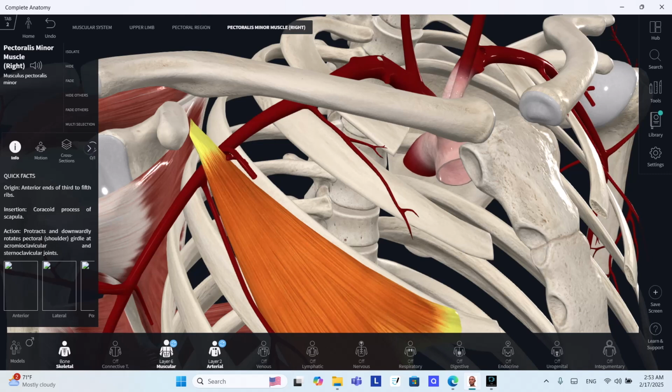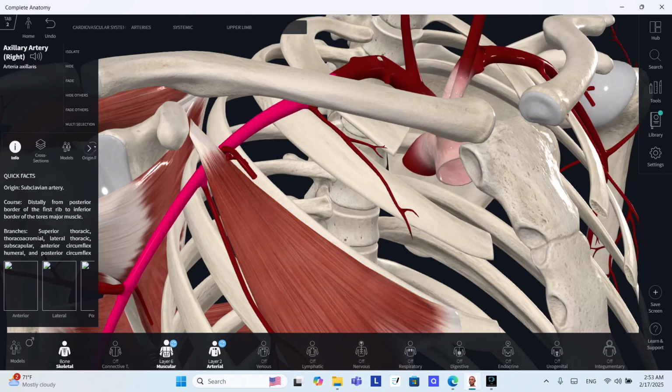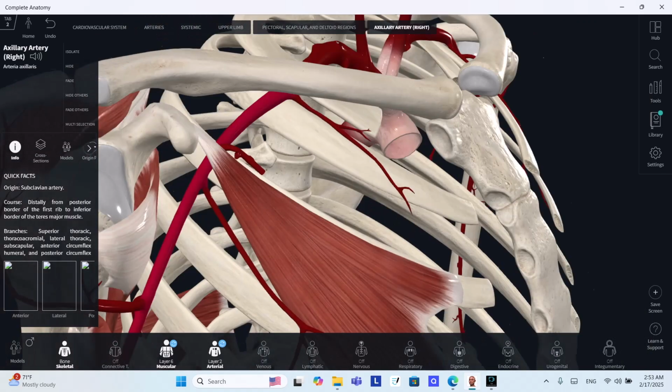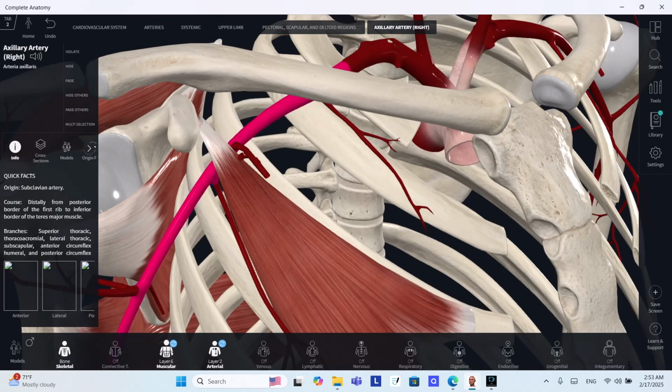Here we divide it to give us three parts: the part before the pectoralis minor, the part deep to the pectoralis minor, and the part after. So the first part is proximal, the second is deep, and the third is after, or distal.